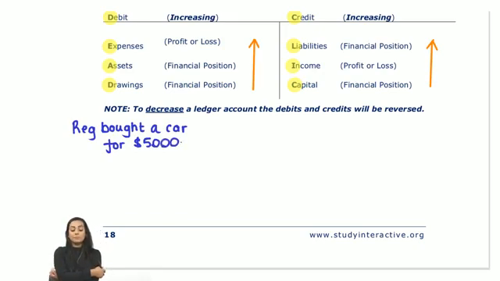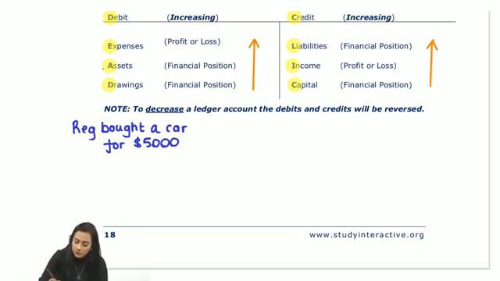Okay? Reg bought a car for $5,000. A car is an asset, so my asset has gone up. So to increase an asset, you debit that asset. But this 5,000 has come out of my bank account, and this bank is an asset, but my asset has gone down, so you credit that asset.